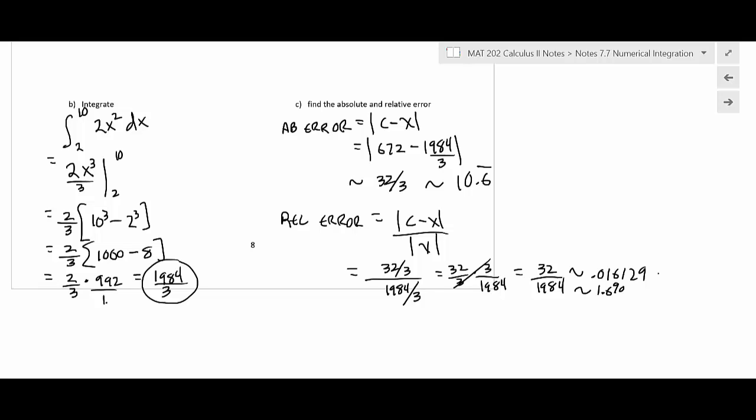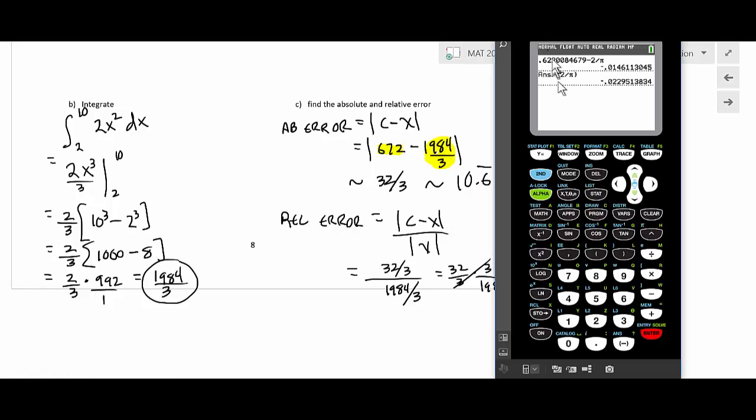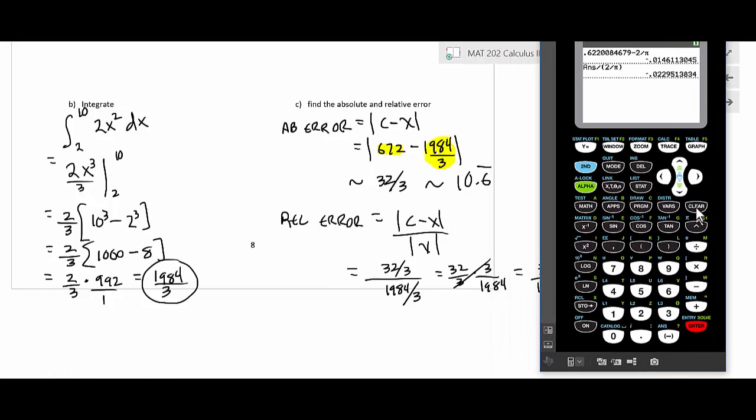Okay, now as far as the errors go, it would go like this. If you did this correctly, 672 is what you would have got on the trapezoid rule. And then you compare that to the exact. You can do this on the calculator. You can get a decimal on that too if you want to. But remember you can do fractions pretty quickly on your calculator.